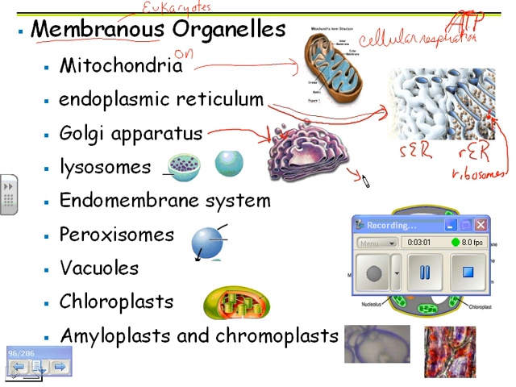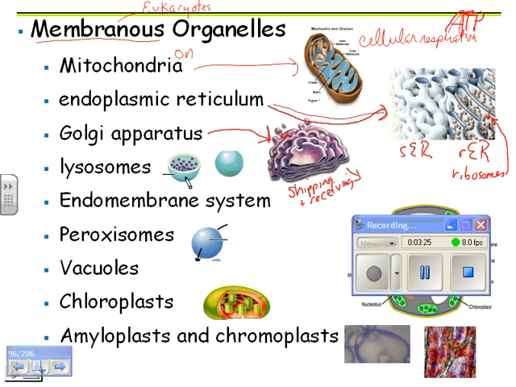So it'll fuse with the cell membrane. I have a video for you in a little bit that will show you that. Or it might bring materials over to another organelle. So this is like the shipping and receiving of the cell. So kind of like UPS, it's going to take in materials and send them to some other place.